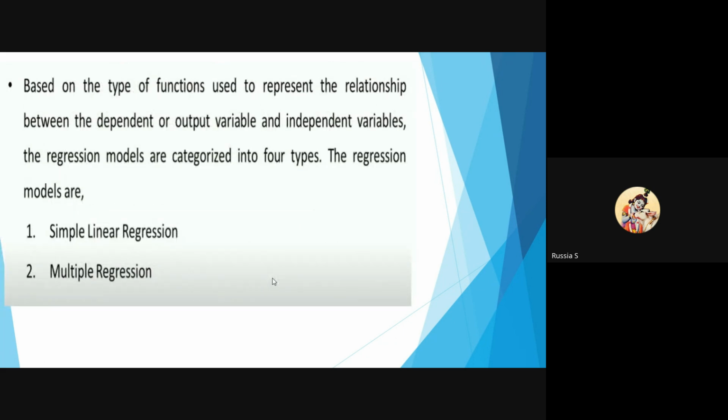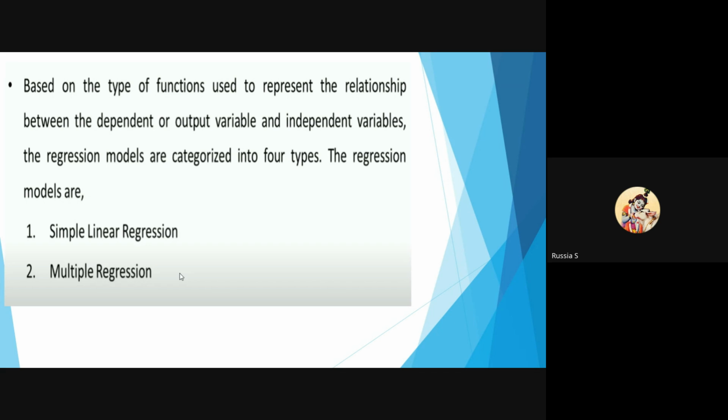Based on the type of function used to represent the relationship between the dependent or output variable and the independent variable, regression models are categorized into four models: simple linear regression, multiple regression, logistic regression, and lasso regression.